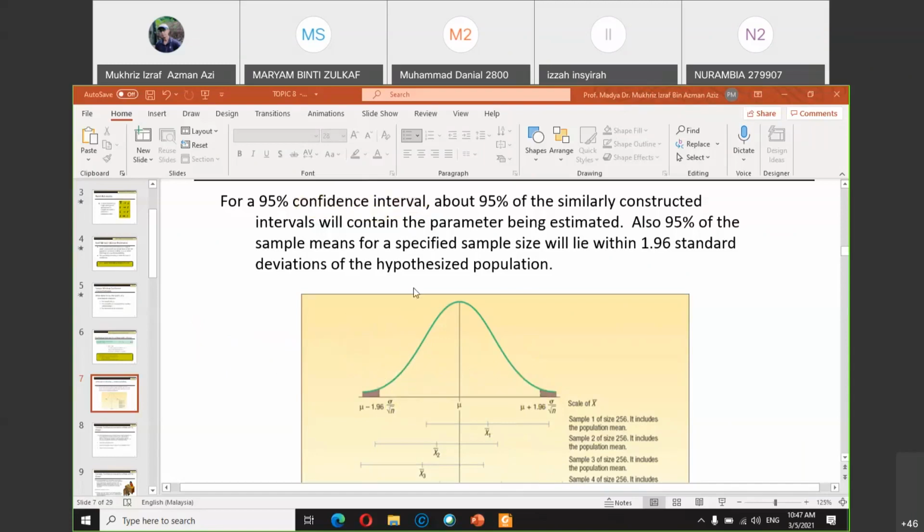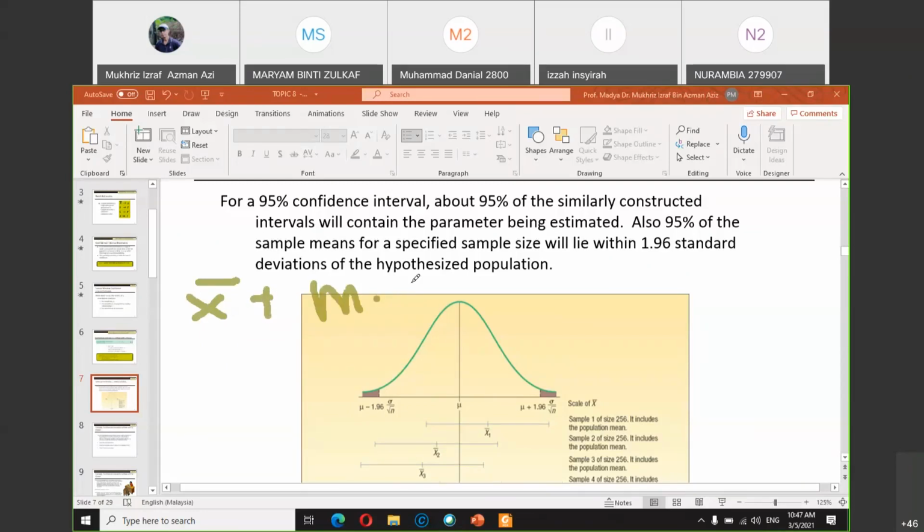Here, for example, we start with the most common one, the 95% confidence interval. You can see the formula is mu. If you recall, the formula is the point estimate, X bar, plus minus the margin of error.